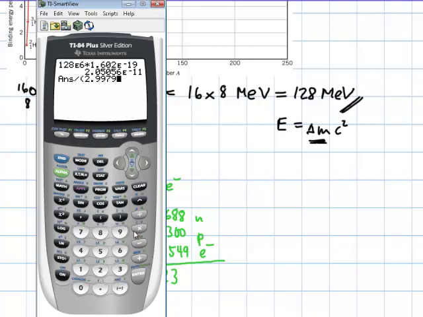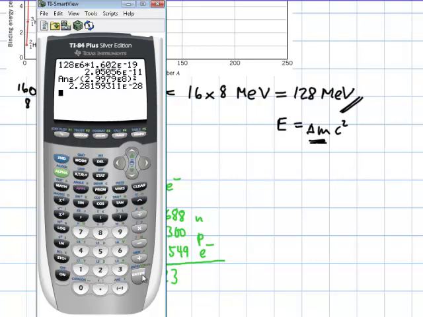Let's see if that's correct here. Speed of light, looking it up in the book. Yep, that's right, times 10 to the 8th meters per second. Square that. There we go. That's the mass deficit in kilograms.